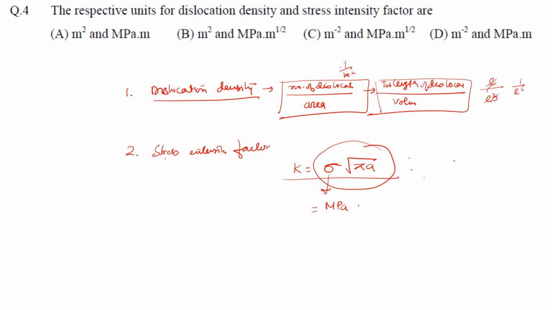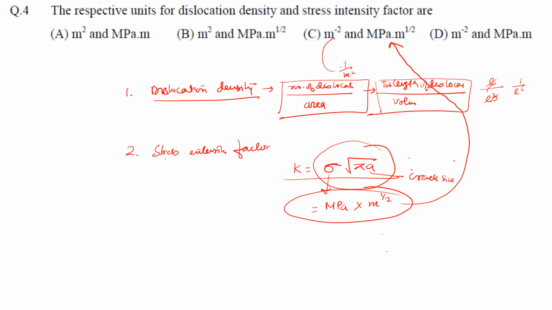And a is the crack size, so it will be meter, so root over meter means meter to the half. So guys, see, this matches with 1 by m square, that is m to the minus 2. See, option C will be the correct answer.